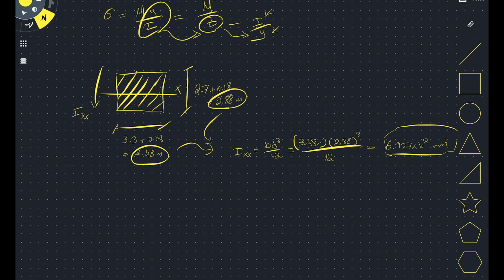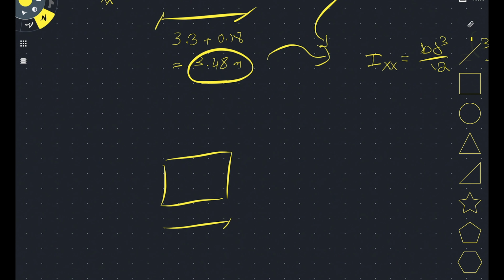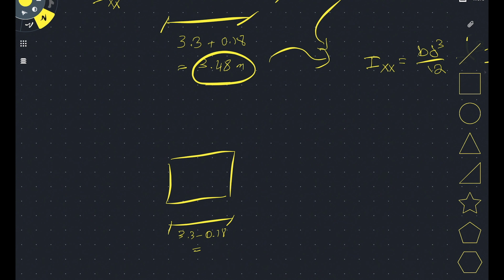Now if I want to work out my I of the internal box, in this case it's going to be 3.3 minus 0.18, which gives me 3,120, and in the other axis it's also the same, 2,700 minus 180, which gives me 2,520 millimeters.